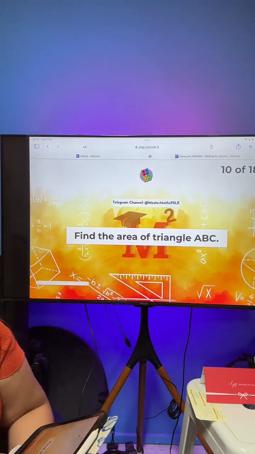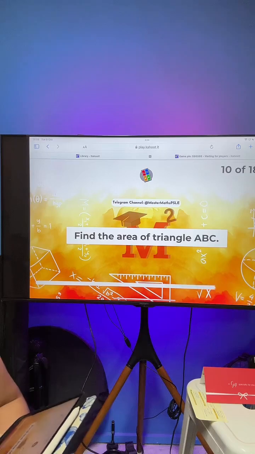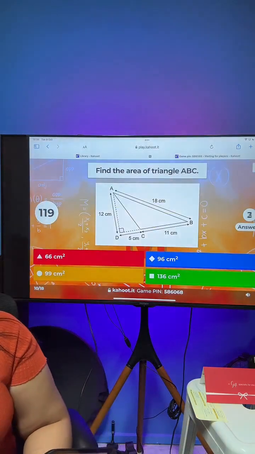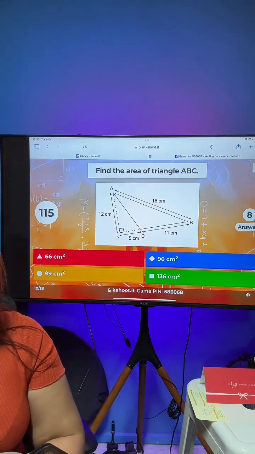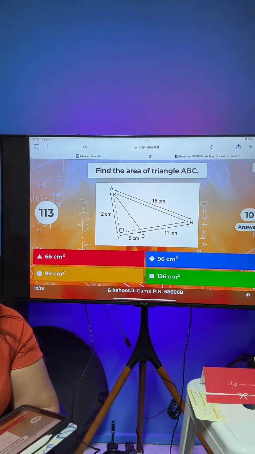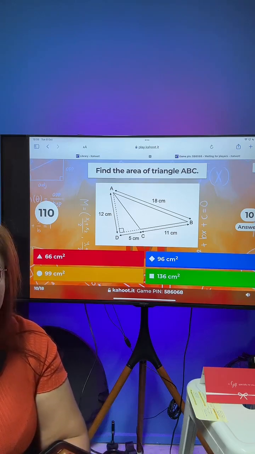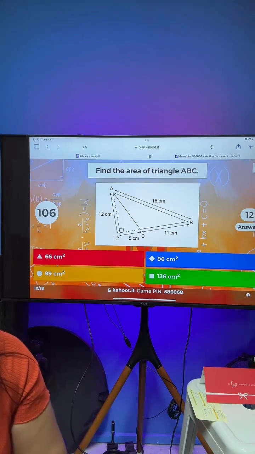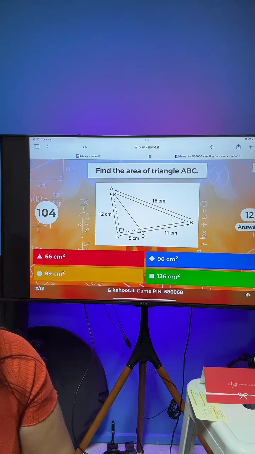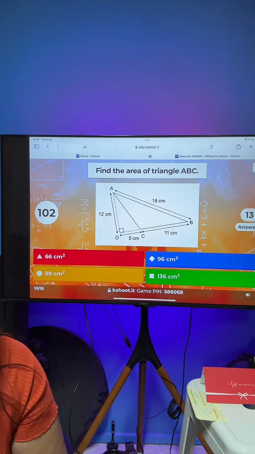Question number 5. Find the area of triangle ABC. ABC. Read very carefully. You want the triangle ABC, okay? Oh, thank you, Riva.